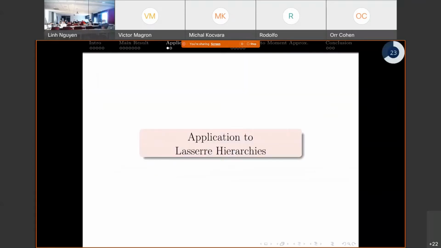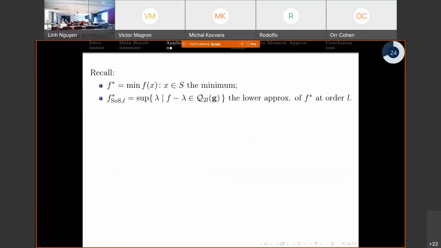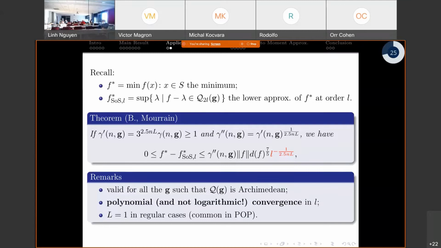Okay, first application that I promised at the beginning, application to the Lasserre hierarchies. You recall F star is our minimum, F star SOS L is our lower approximation. How good is our approximation? And this is our answer. The approximation is going polynomially in L, in the level, in the order L of the approximation that we are doing.